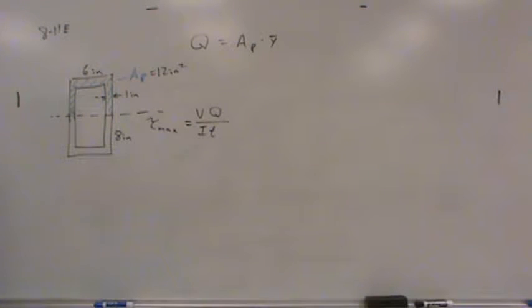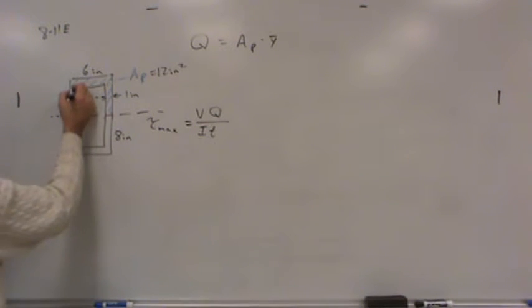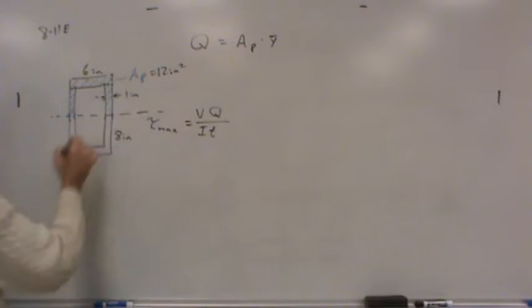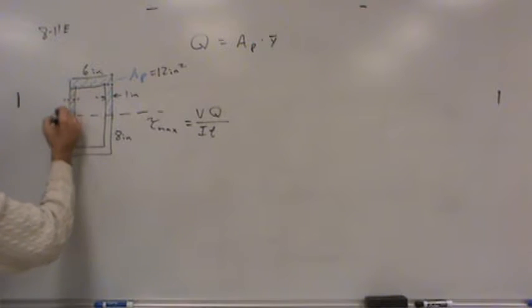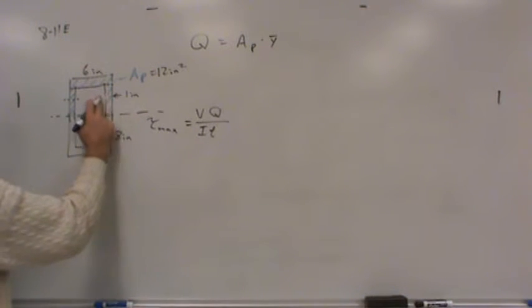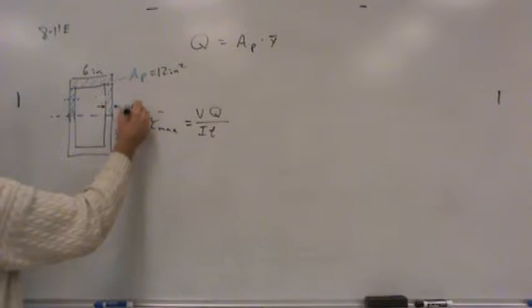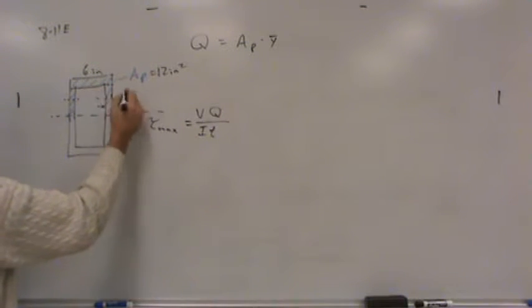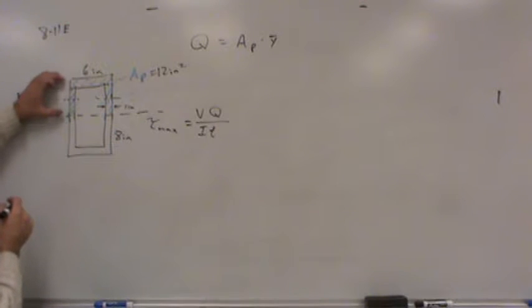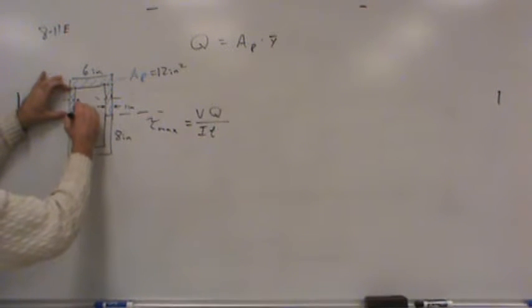Now we need y bar. So how do we get y bar? Well, let me put a dash line here and here. The centroid of that area and this area occur at the center, right? So if the distance here is 4 inches, this is 3 inches, then this distance is 1.5 inches.